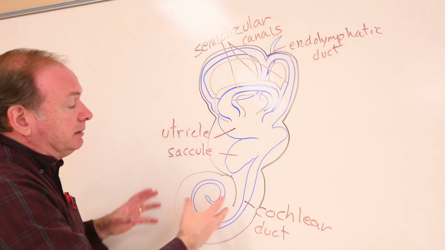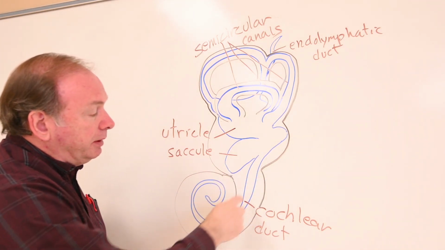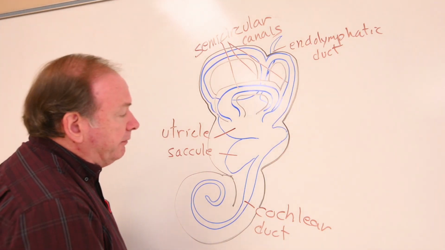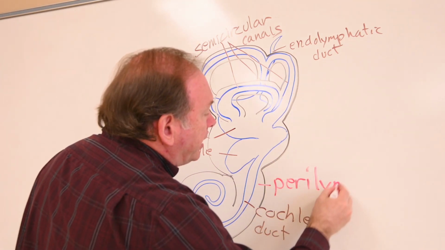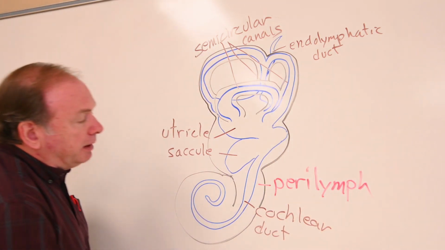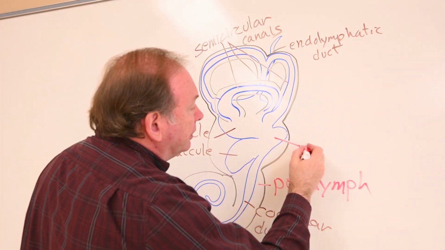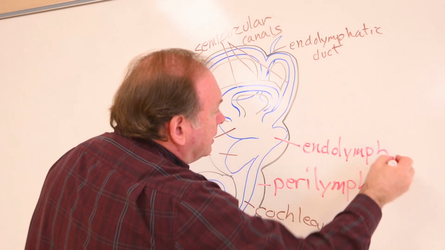So within that, we have this first chamber between the bone and the endolymph space there, and that is filled with what we call perilymph, P-E-R-I-L-Y-M-P-H. Perilymph, and of course the inner space we've already mentioned is filled with endolymph fluid.